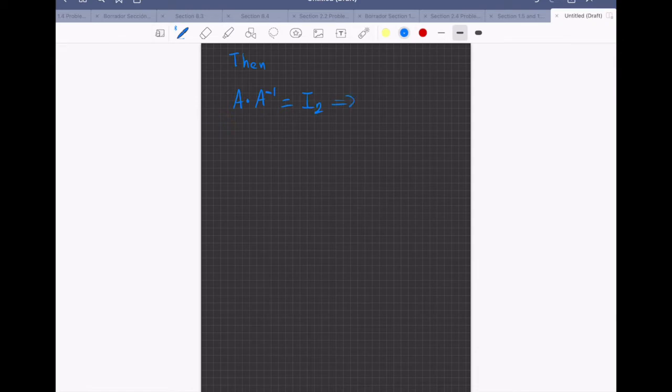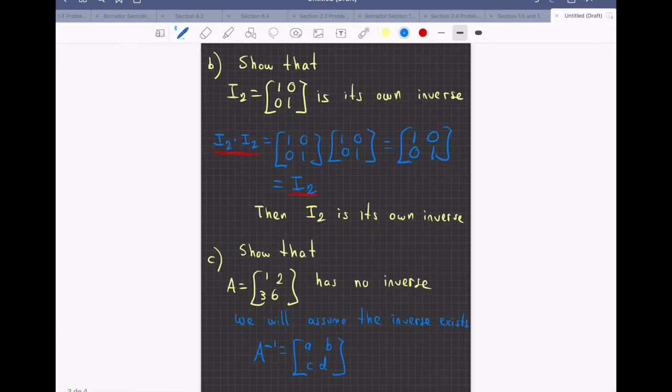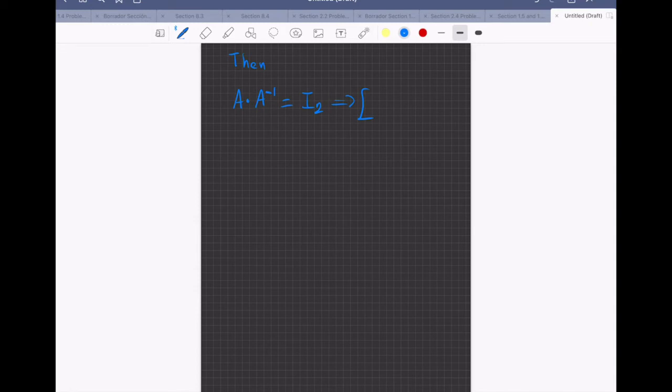This implies that [1, 2; 3, 6] times [a, b; c, d] should be equal to [1, 0; 0, 1]. Yeah, because this is the definition. If this one is the inverse, then this should be true.